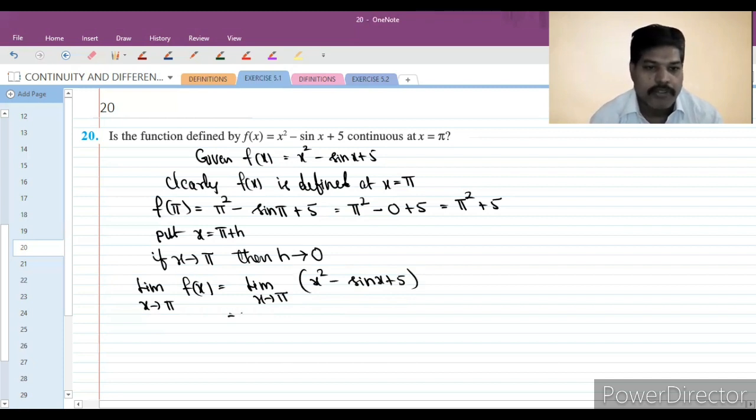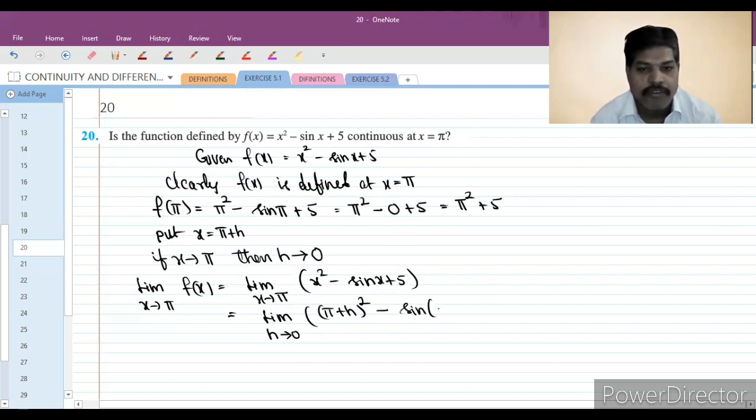Then I will change the limit in terms of h. That means limit h tends to 0 of pi plus h whole square minus sine of pi plus h plus 5.